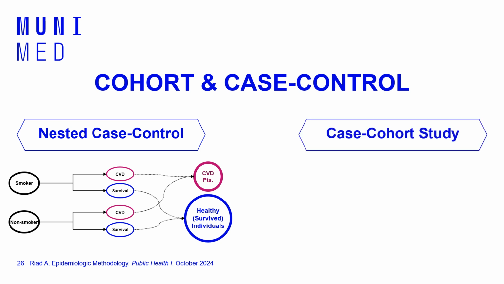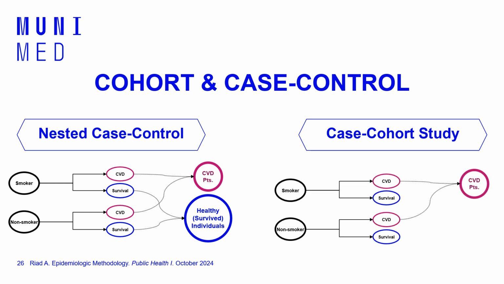The second approach you see here is called the case cohort approach. Why is it called that? Because it is similar to the previous approach in that we start with a cohort study that runs for 20 years, and after 20 years we collect all the patients with the disease from either the smoker cohort or non-smoker cohort, and this is called the case group. This is the same as the previous method.